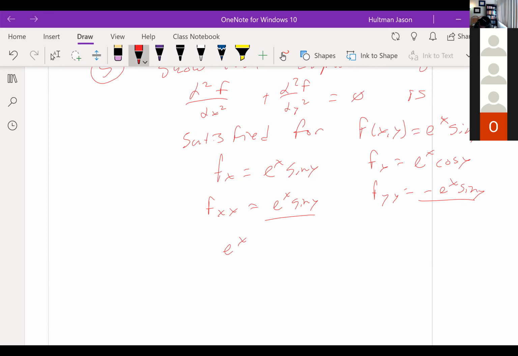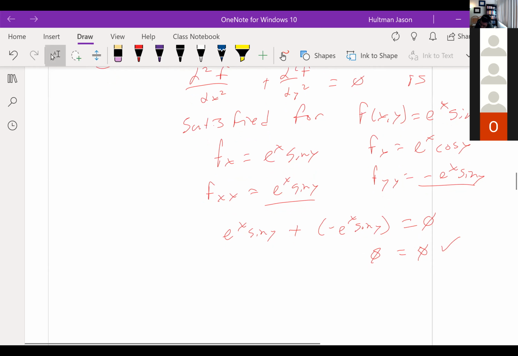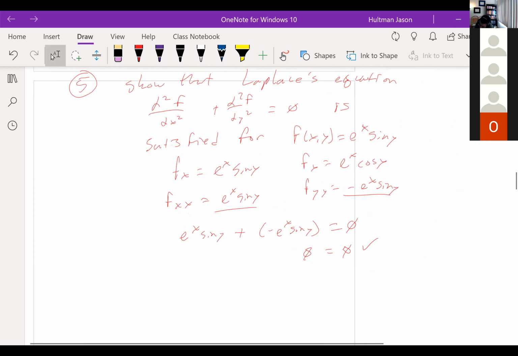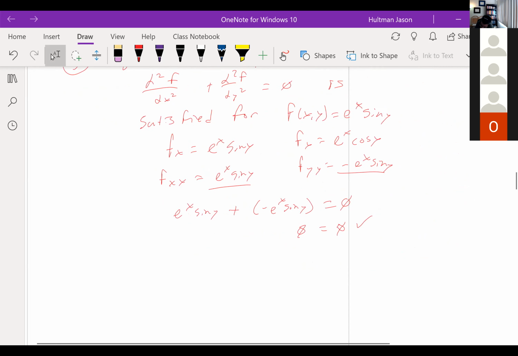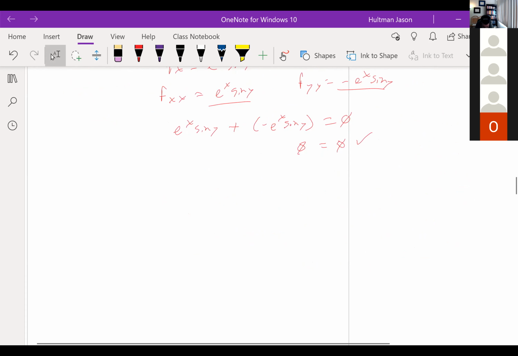So e to the x sine y plus negative e to the x sine y is equal to 0, and 0 is equal to 0, so it checks. Okay, so it satisfies that differential equation. We call this a partial differential equation.